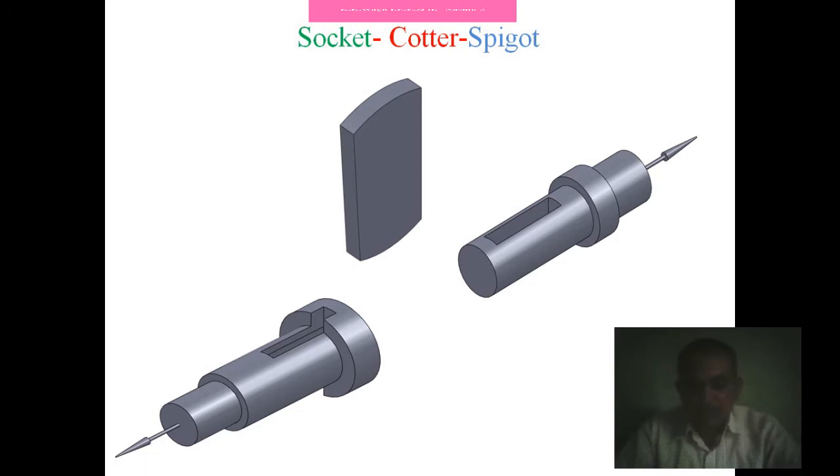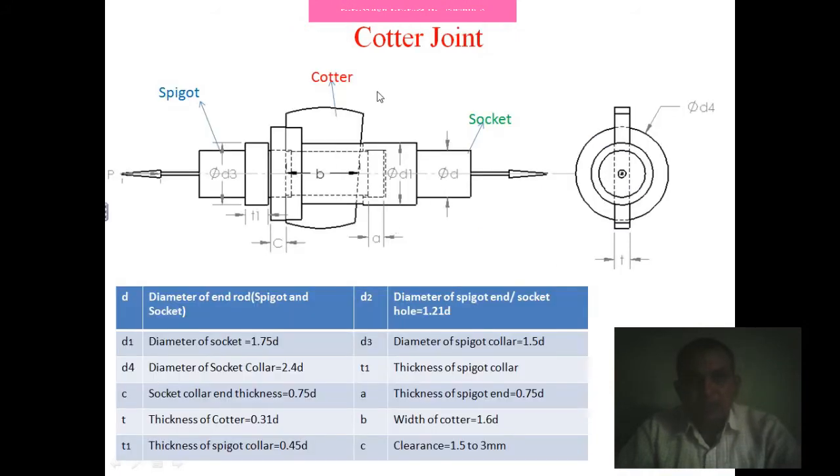The joint is tightened and adjusted by means of the wedge action of the cotter. In the construction, the socket and the spigot are connected, and between the gap you insert the cotter. This is a typical engineering drawing of the cotter joint, showing the spigot, cotter and socket, and the assembly side view, with various notations given.